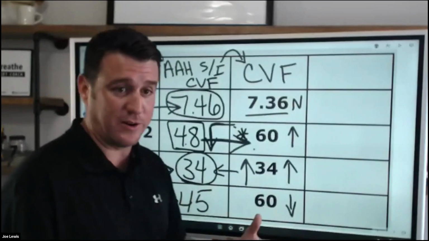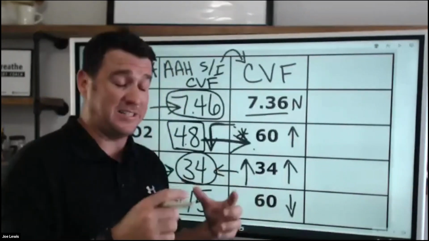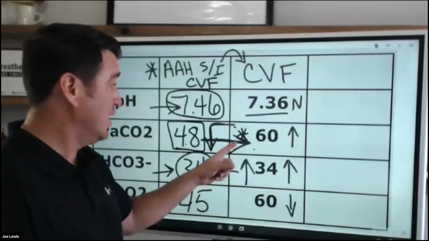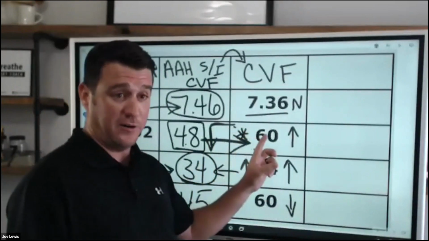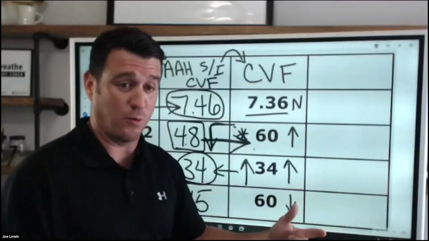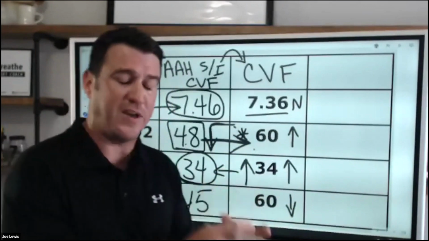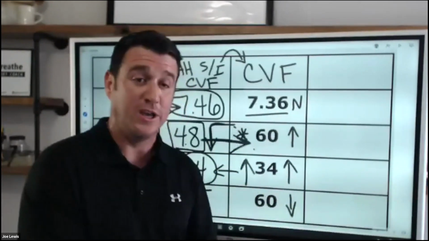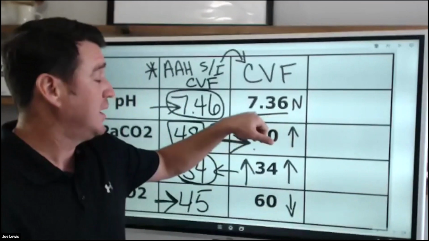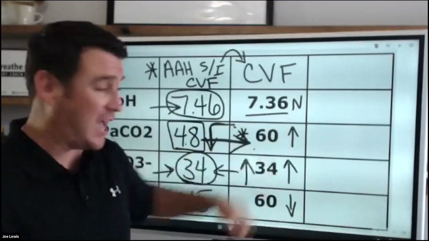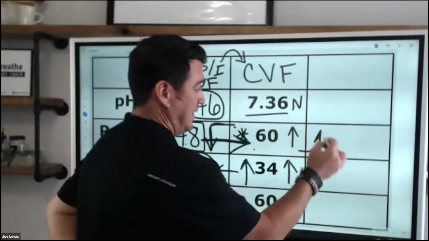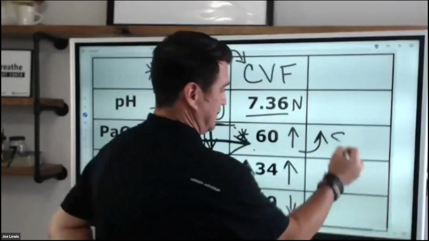Now, again, just like we did on the other slide, there can be times where this patient progresses to a state of acute ventilatory failure, where they are no longer able to effectively remove their CO2 to sustain this normal pH. When that happens, we will see CO2 elevate.